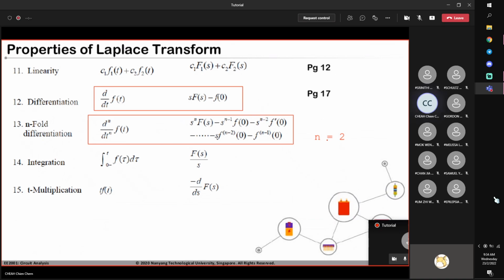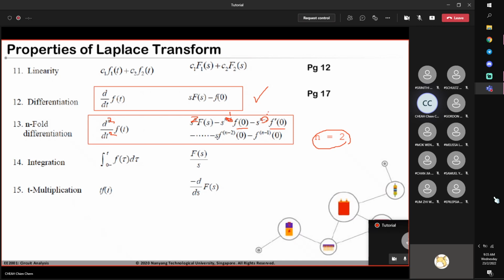Now for this circuit theory, you only use n equal to 1, first order, and n equal to 2. You have to use these equations, that means just substitute 2 here. d²f/dt² is equal to s²F(s) minus the initial conditions related to the initial signals as well as the differentiation, this df/dt, the differentiation of the signal at t equal to 0.